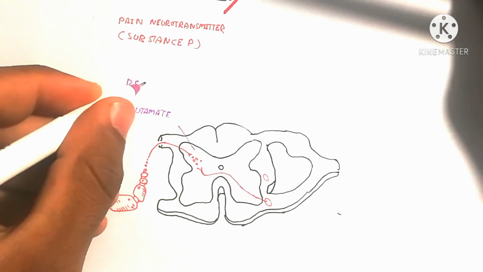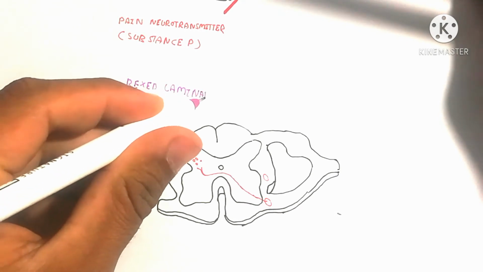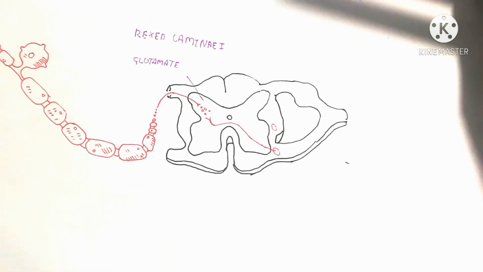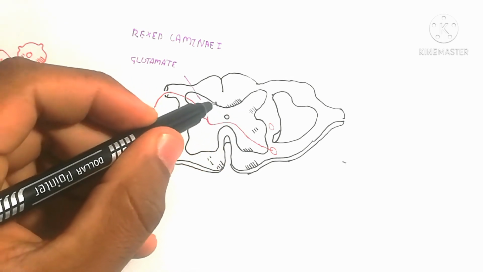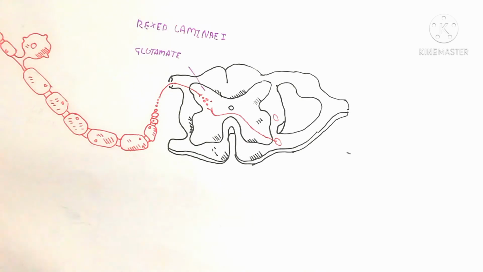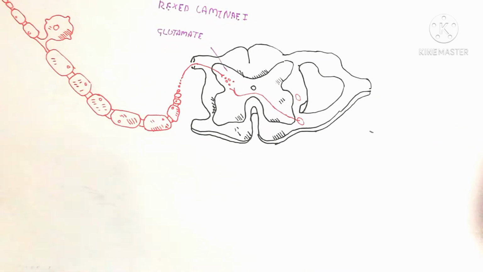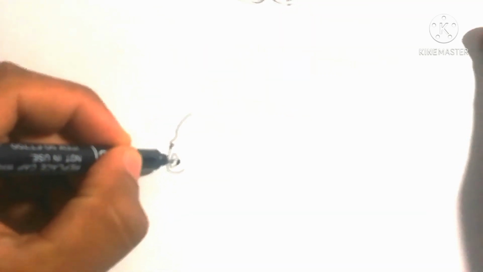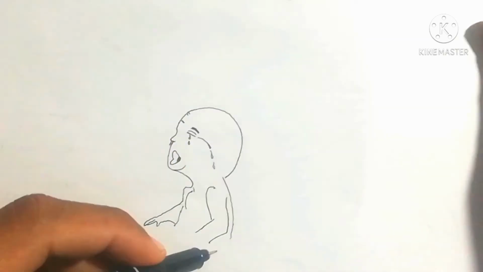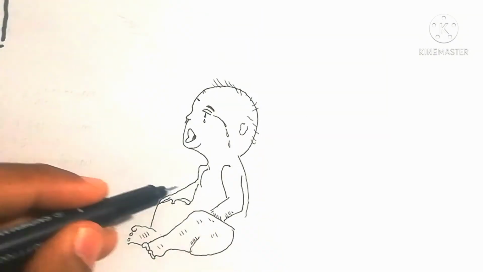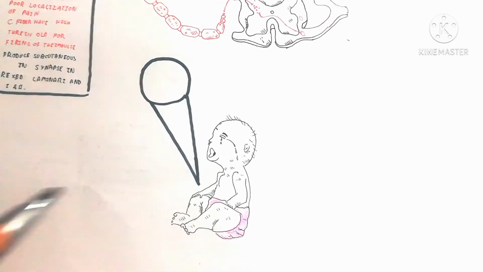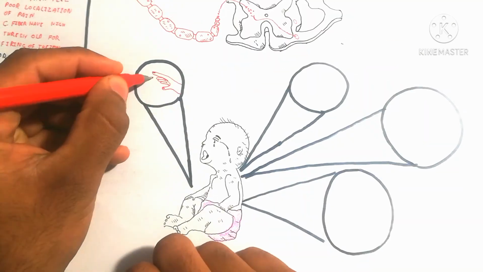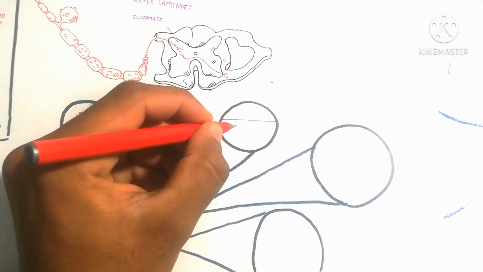Here is glutamate in Rexed lamina 1, which is basically the pain neurotransmitter, and this glutamate interconnects in the gray matter and is used to create the impulse. That is the unmyelinated neuron.